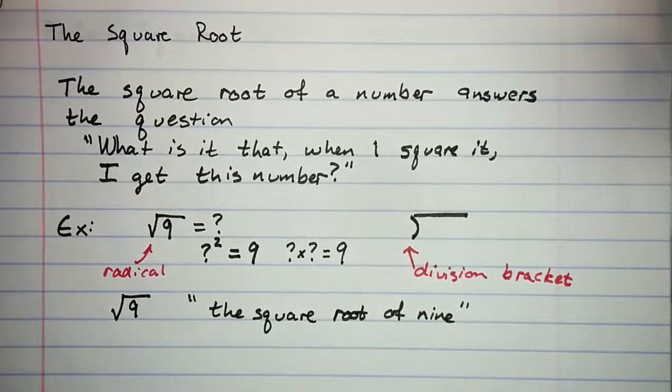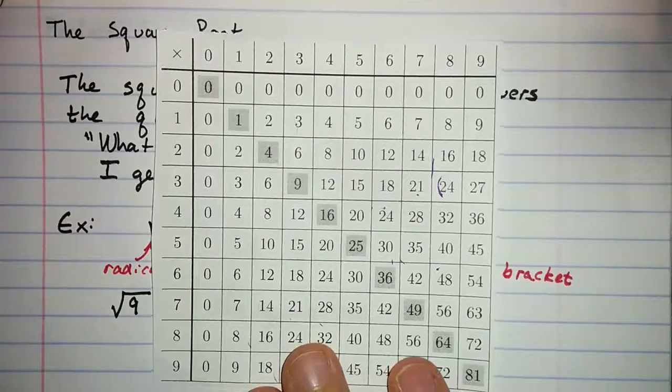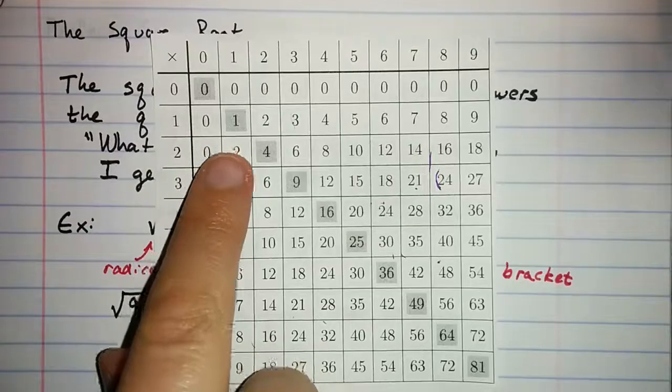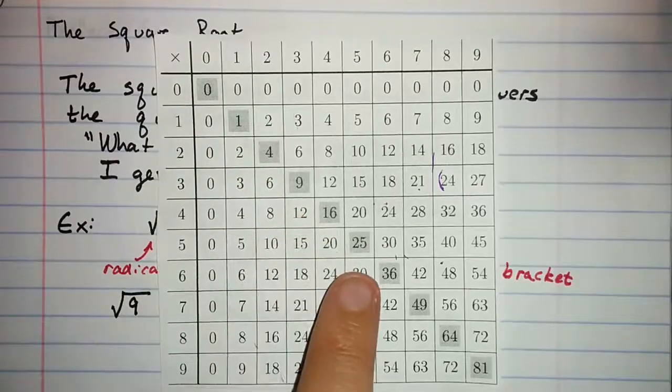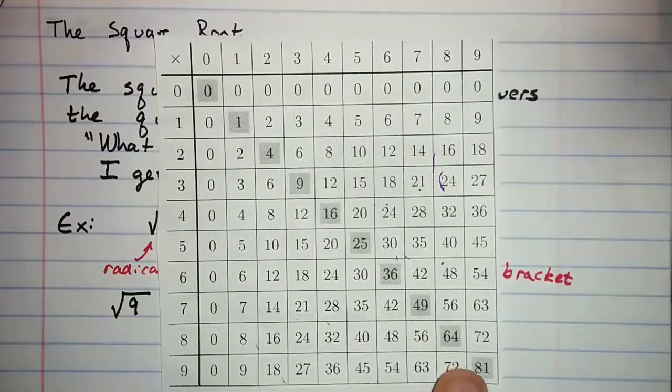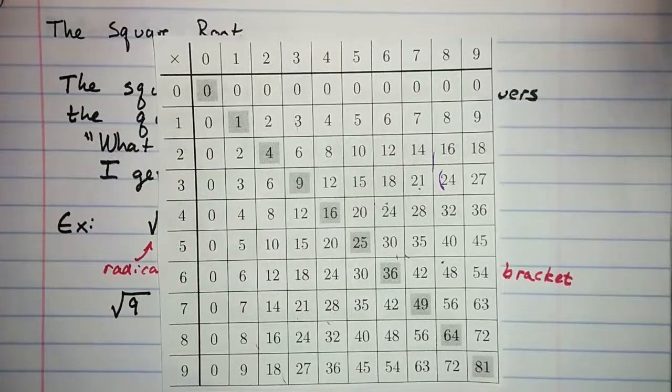Now there's something I'd like you to notice in our multiplication table. In the multiplication table that I gave you, I have shaded certain numbers down the diagonal.